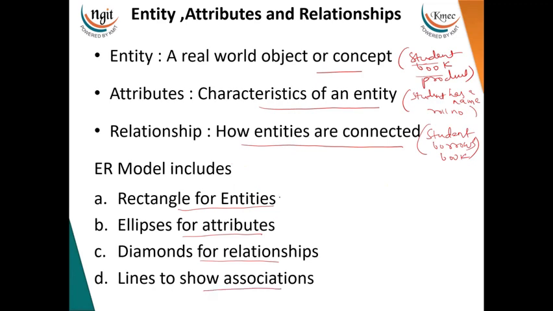Don't forget these things. Clear? In our earlier example, student and book are entities, the relationship is borrows, and student name or roll number can be the attribute.